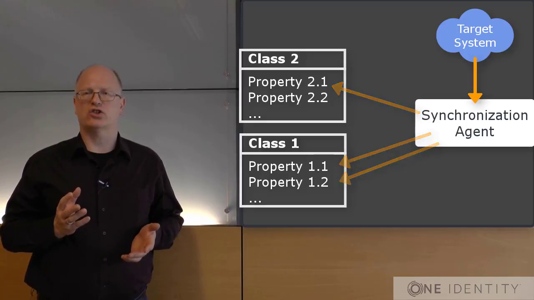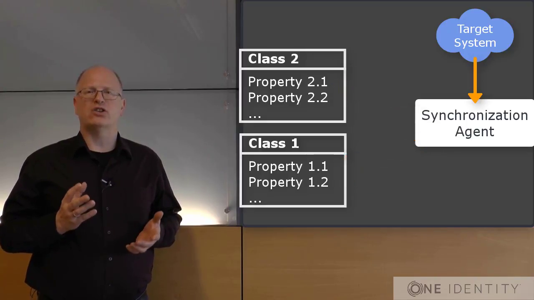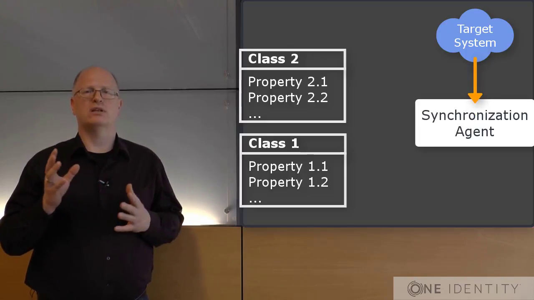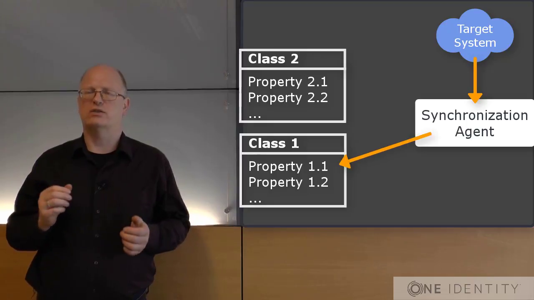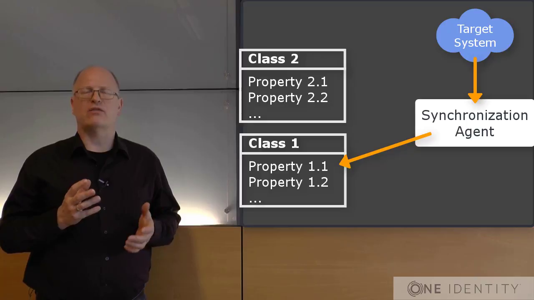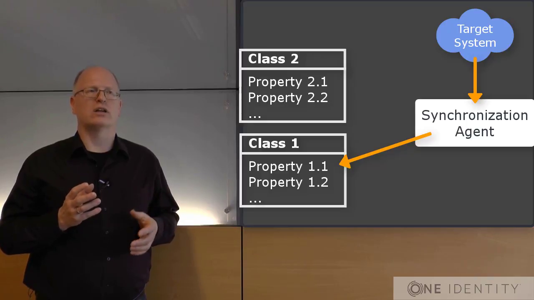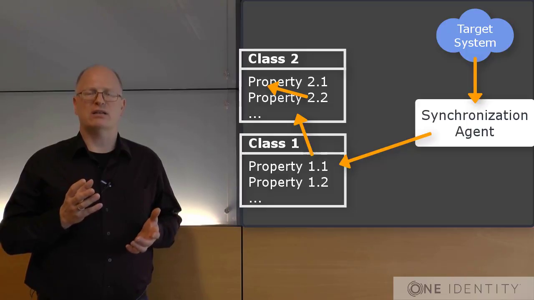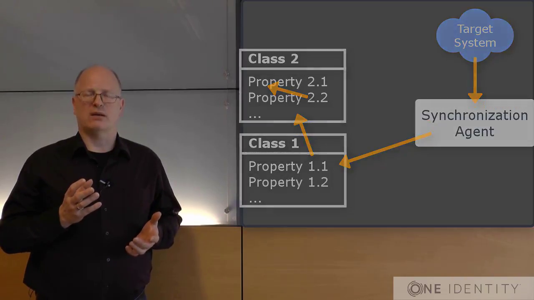In Identity Manager, we try to keep these agents dumb. That means they just have to take data from the outer side and copy or synchronize it to the inner side. All the other intelligence, that means every data calculation or generation, happens in the Identity Manager database with the help, for example, of templates.